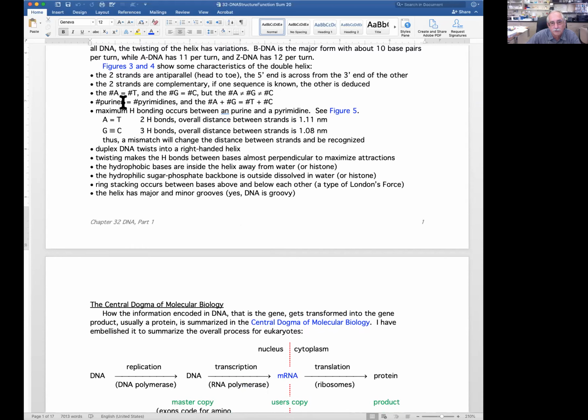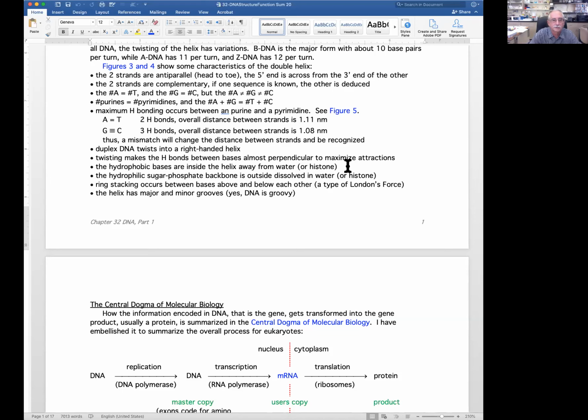So the purine is the big base, pyrimidines are the small ones. And so you have maximum hydrogen bonding between an A and a T and a G and a C. So the duplex twists into a right-handed helix, and that maximizes the hydrogen bonds. And then another stabilizing factor is that the hydrophobic bases are inside the helix away from water, or histone.